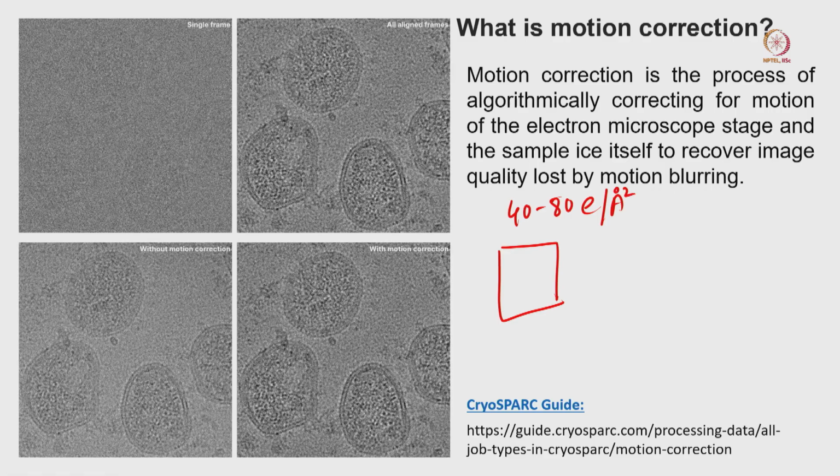Total electron dose, and when you have the electron dose, generally per frame we are giving an exposure of 0.4 seconds.